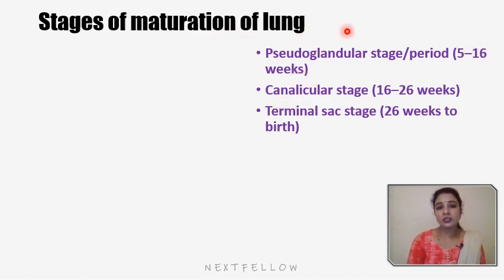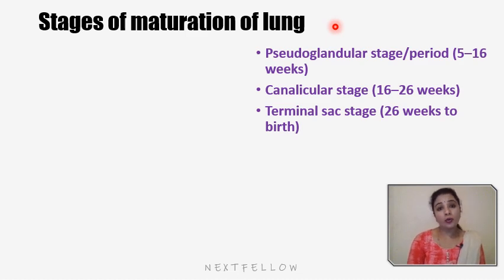Canalicular stage, which is between 16 to 26 weeks. During this period, the lumen of the terminal bronchioles dilates, and therefore a further subdivision of terminal bronchioles into respiratory bronchioles occurs, and the luminal diameter of the conducting system increases.